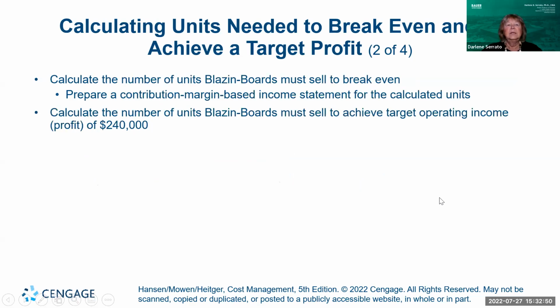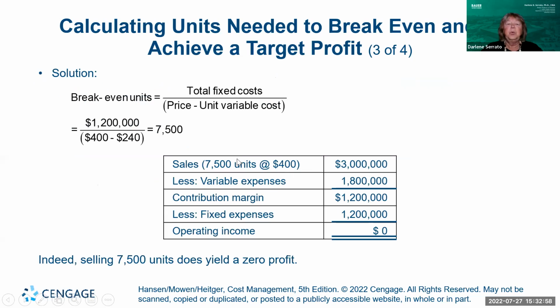Okay, so you need to divide your cost into variable and fixed to prepare the contribution format income statement. Units sold, we solved for break even by using the formula.